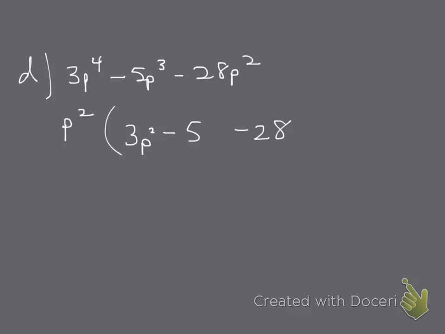Okay, p to the 3rd power divided by p squared is just p, right? 3 minus 2 is 1, so just p. And then p squared divided by p squared is 1, and we don't need that 1. We have the -28 there. So now there's our GCF, the p squared, and there's our other remaining parts.